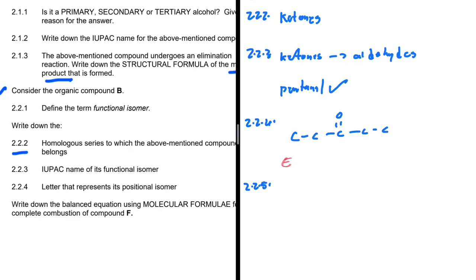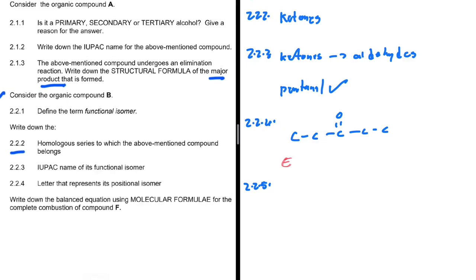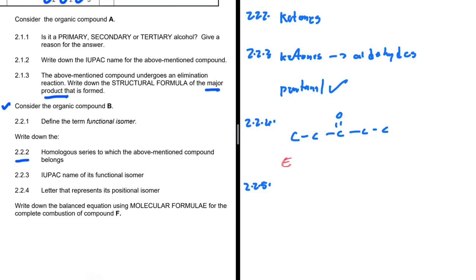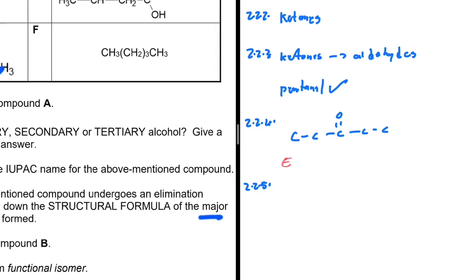Write down the balanced equation using molecular formula for the complete combustion of compound F. So let's take a look at compound F. We have 5 carbons in total. So that is C5.